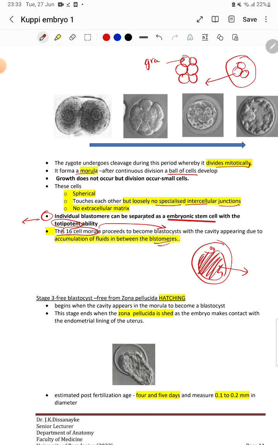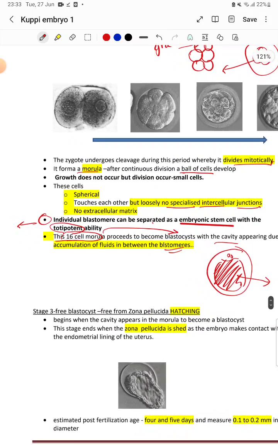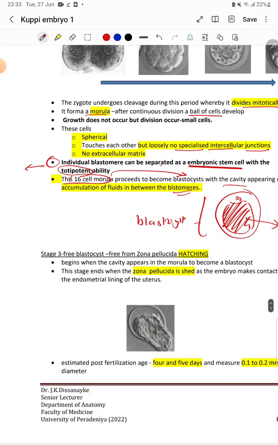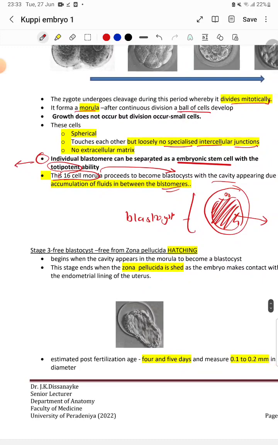This cavity comes over time because of the uterine fluid, so it's not really that important, but it's what gives the new name. No more morula, it's now a blastocyst. The next stage after the formation of the blastocyst is hatching.